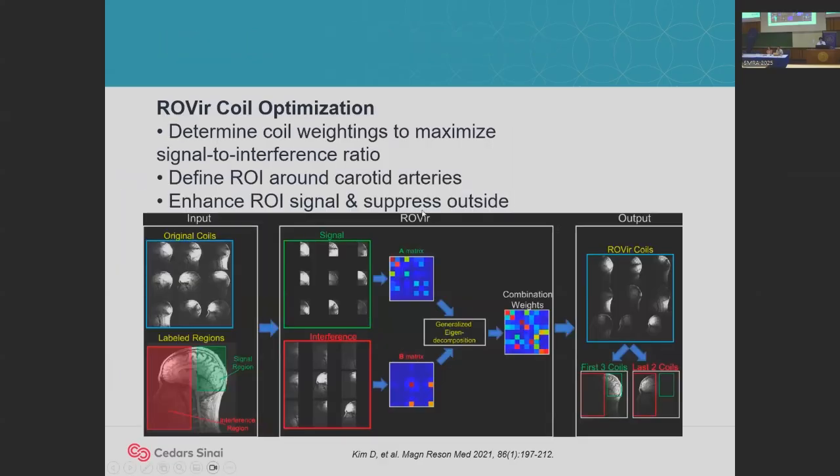Another strategy we're trying is the so-called Rovere approach. This is a virtual coil combination technique, first developed by King et al. at USC.